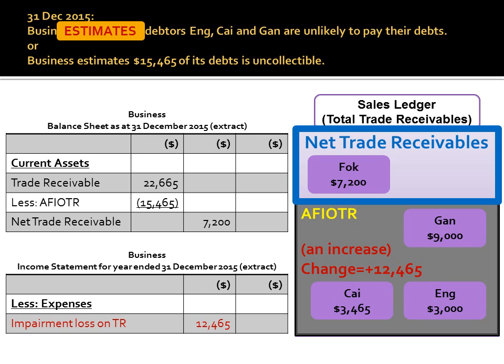The allowance account measures the balance or the total blacklisted customer owings at a particular point in time. However, the impairment loss on trade receivable account measures the change of the allowance for impairment of trade receivable account.